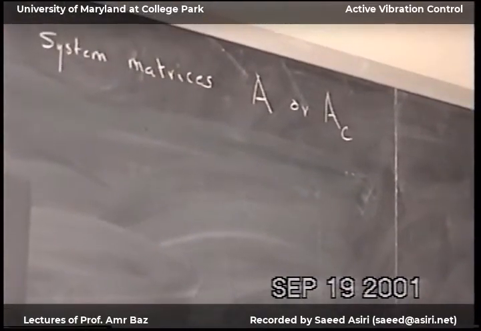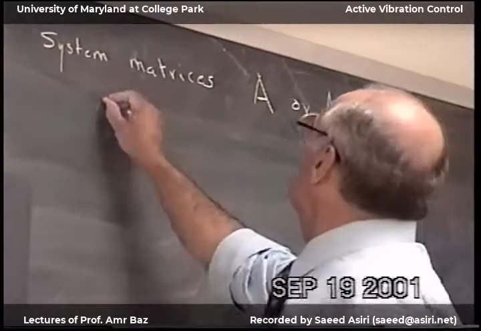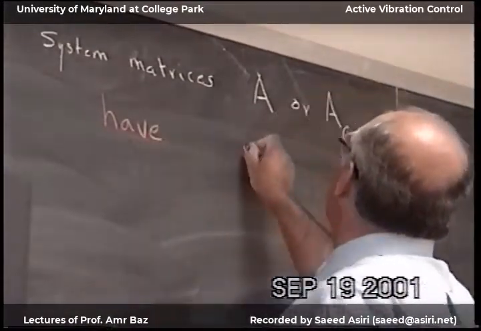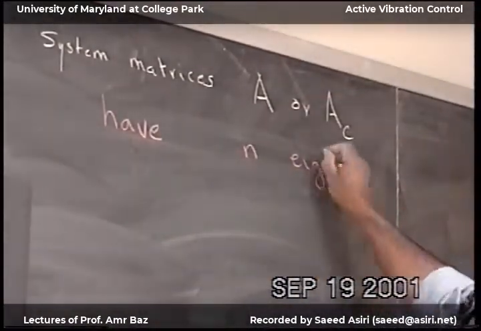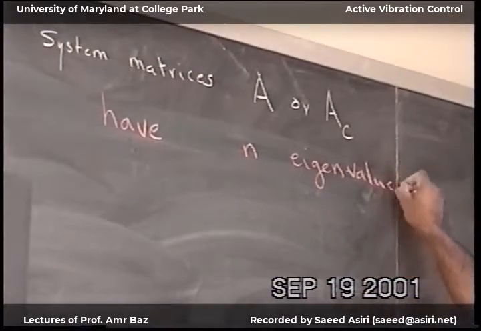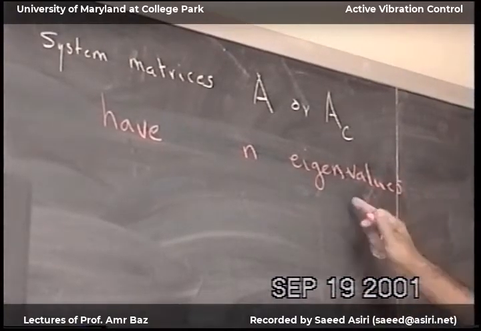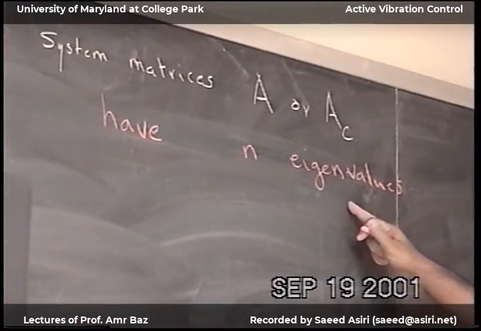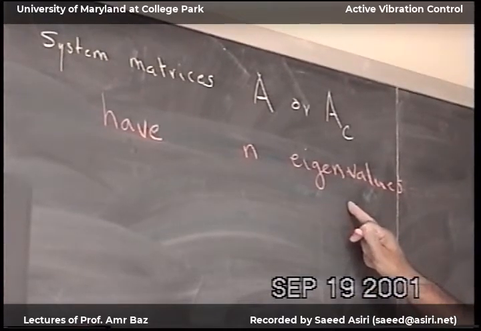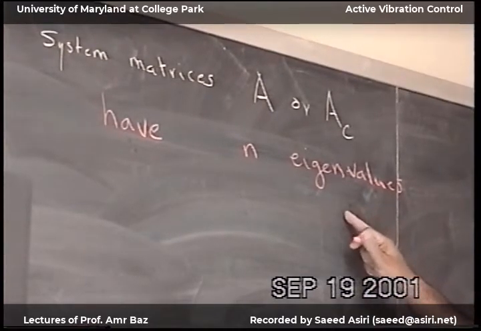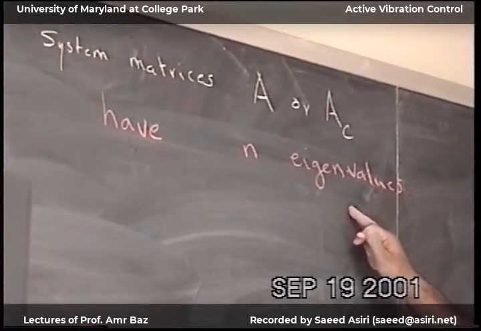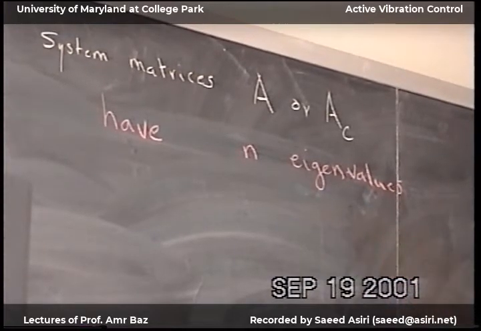N. They have n eigenvalues. If the eigenvalues, all of them, are on the left-hand side plane, the system is stable. If any one of the eigenvalues is on the right-hand side, the system is unstable.